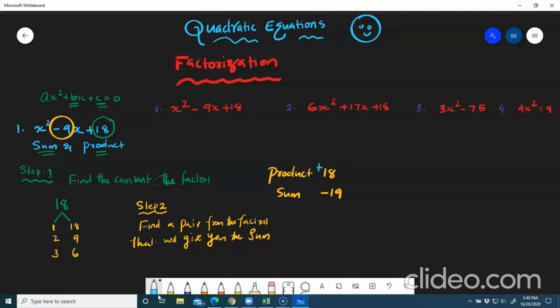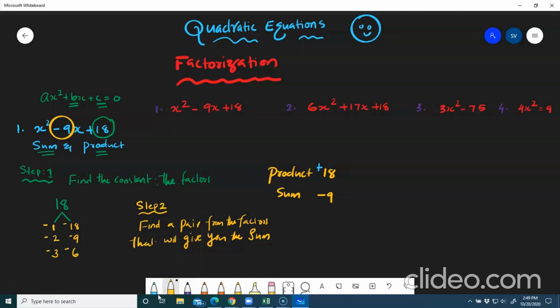So here the sum is negative, that means definitely both numbers will be negative. Here I made a mistake. This is not 19, this is negative 9. So both the numbers should be negative.